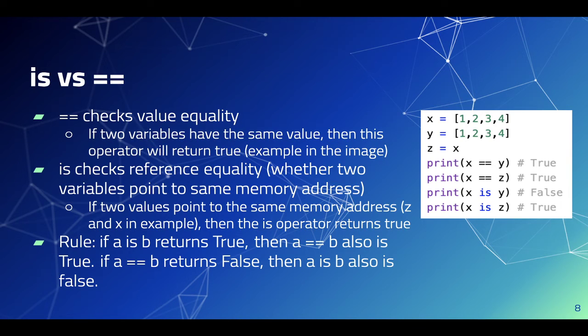But when I do x is y, notice how y is a different object. It contains a different location in memory, and by chance, because we set it, it has the same value. But it does not contain the same reference. So x is y is false. But notice when we do z is equal to x, we're giving the same exact reference as x to z. So now z contains the same exact list, 1, 2, 3, 4, that we specified up here.